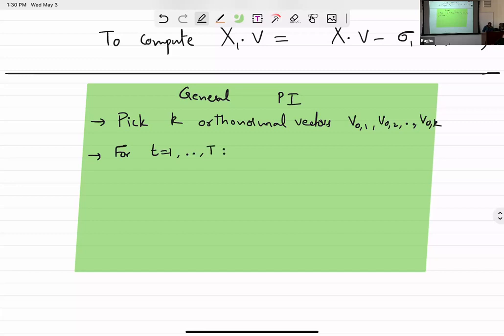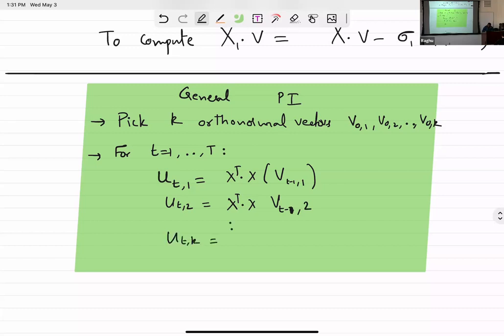It's as if you are doing k different power iterations, but all in parallel.